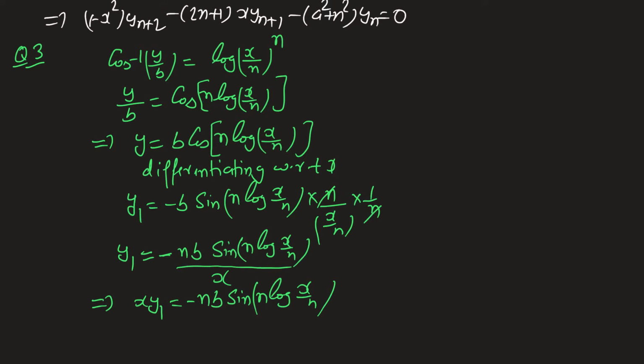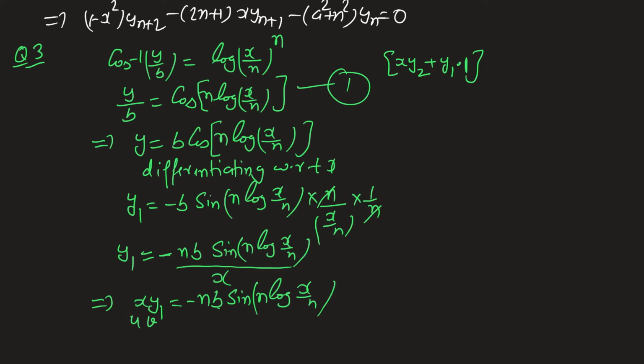Now do one thing. This is the product of two functions. This will be u, this will be v. We will be using the product rule to differentiate again. So we have no option, and name this equation as equation number 1. Differentiate again with respect to x. What will we get? x as such, differentiation of y1 is y2. Now y1 as such, differentiation of x is 1.